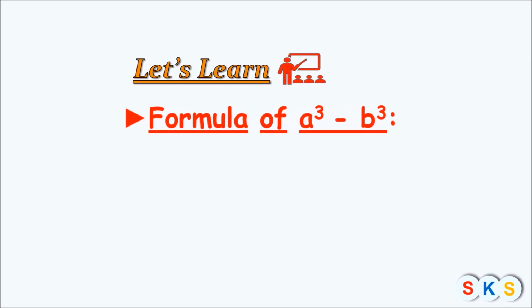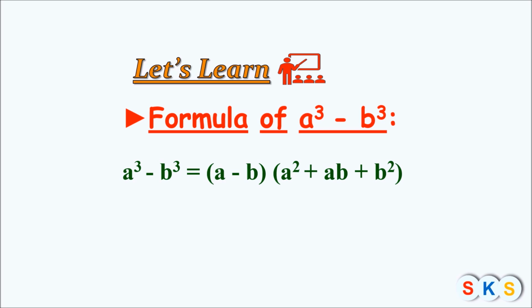Practice set 6.3. Let's learn the formula of a cube minus b cube. A cube minus b cube is equal to a minus b into a square plus ab plus b square.